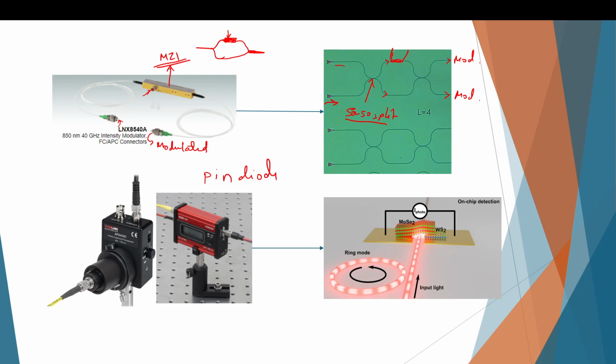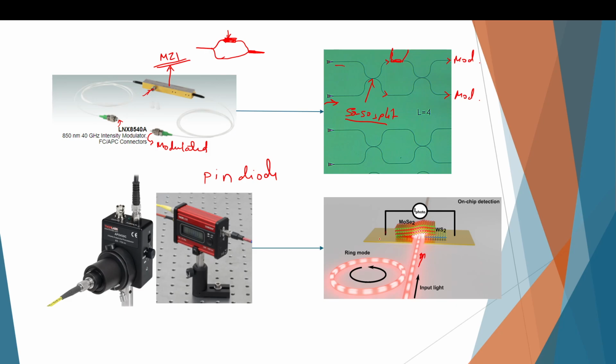Similarly, we can do a similar thing on chip. So we need to smartly choose the material based on the wavelength of the input light. Ignore this ring here, but this is the waveguide. Light is coming through the waveguide, and this MoSe2 film that is deposited on top of the waveguide is sensitive to the incoming light. So based on the light intensity, it will generate a current across this.